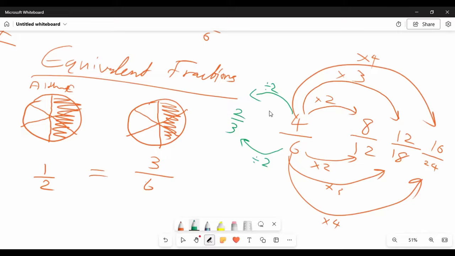Okay. So equivalent fraction means fractions with the same value but in different numbers. That is the definition of equivalent fraction. And how to find equivalent fractions? We can multiply or divide both the numerator and denominator by the same number. Only for the division section under equivalent fractions, we have a separate name: simplifying fractions.